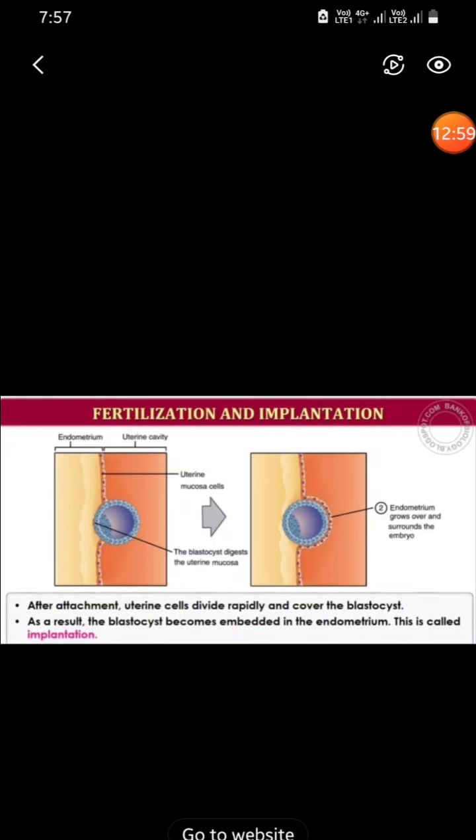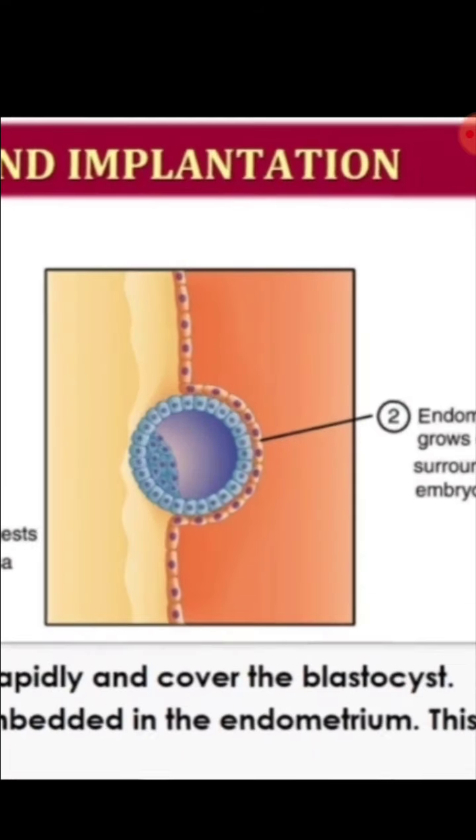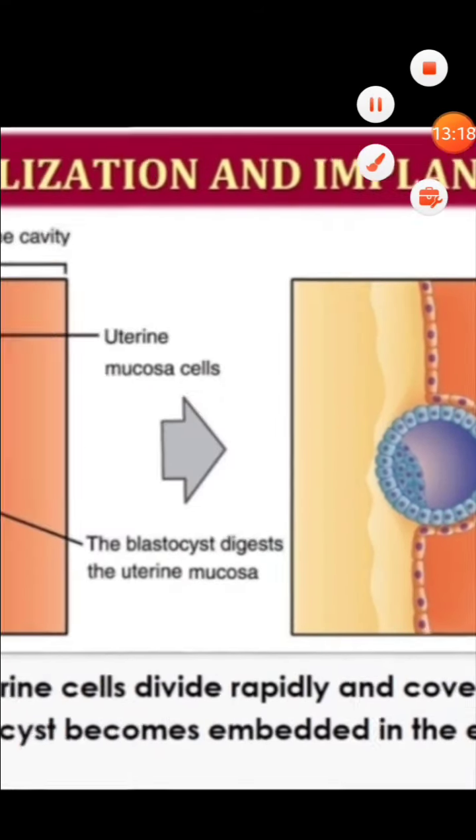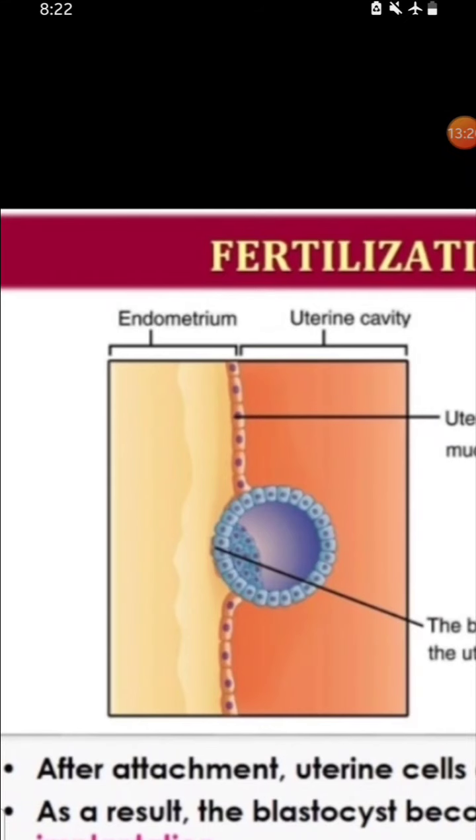Now after the attachment to the uterine wall, when the trophoblast attaches to the uterine wall, as I said, the uterine cells divide rapidly and cover the blastocyst. You can see here. It got attached first, right?